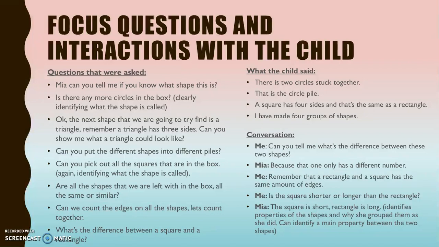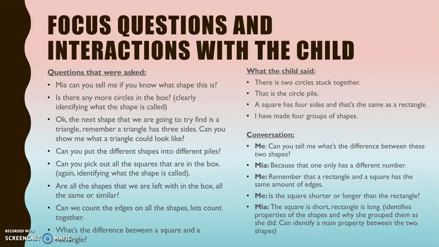So I clearly stated there, is there any more circles in the box? I've clearly identified what the shape is called, so then she can look at the shape that I've given her and see if there's any more of those. So she looks at the different classifications of that shape. And then at the bottom here I've got, what's the difference between a square and a rectangle?